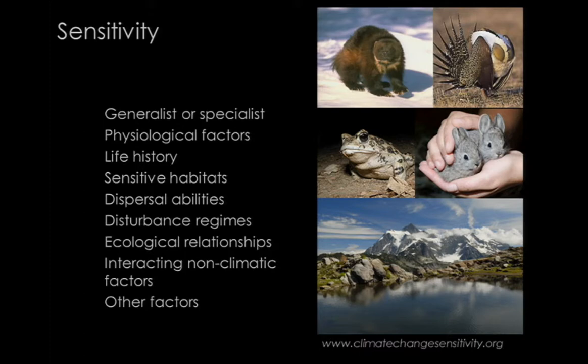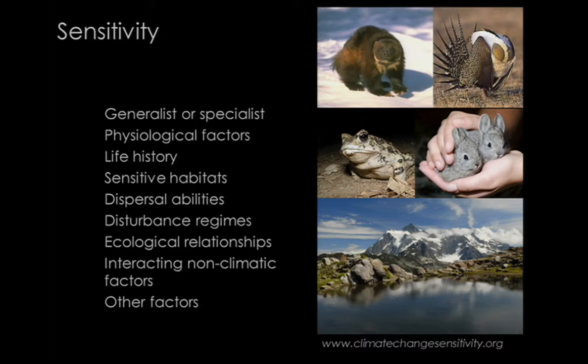We realized there were some commonalities in the list, so we condensed it down to these 9 factors. You'll notice that, in particular, the last one maybe isn't so climate related. This is great because this is our wild card. You've got to have a wild card when you're trying to define something as general as sensitivity.